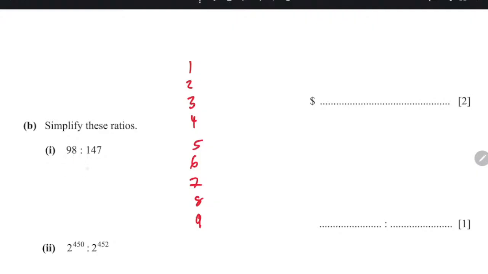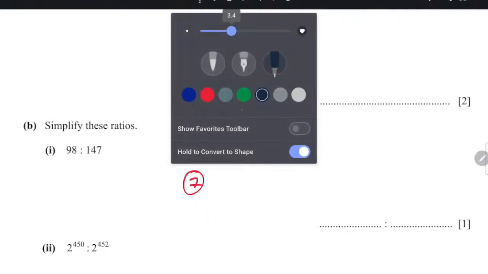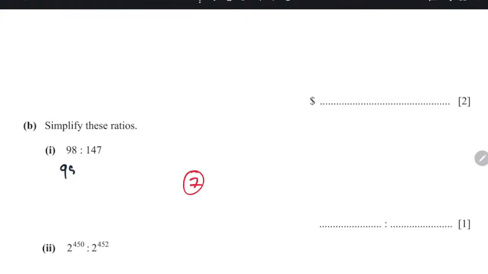What about 2? 2 can't either, without leaving a remainder, into 147. 7. Okay, so you found it to be 7. Yes, so you can say 98 as to 147. You just say divided by 7, divided by 7. You get 14 as to what?